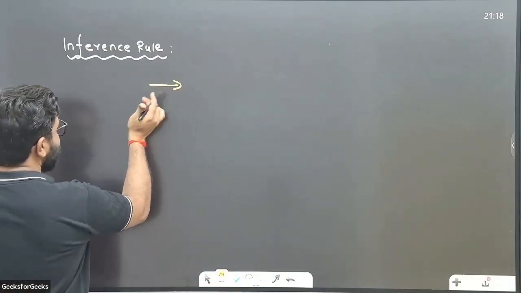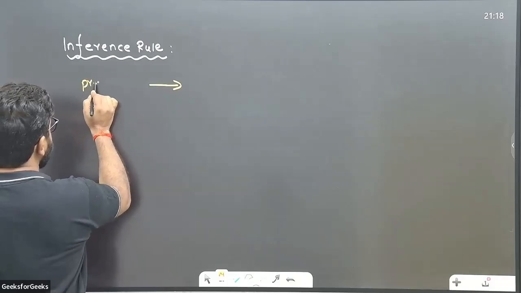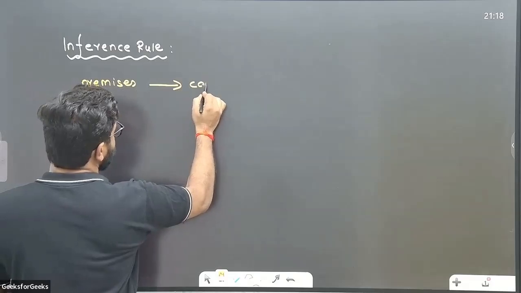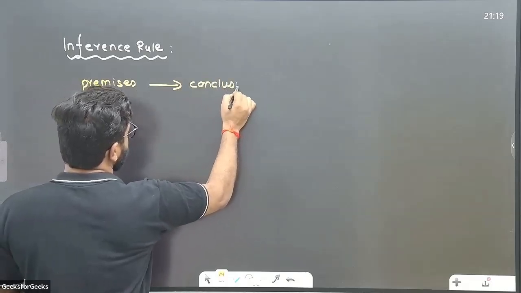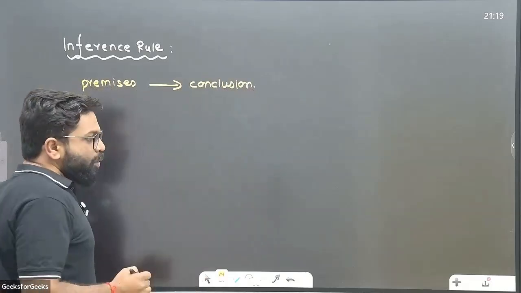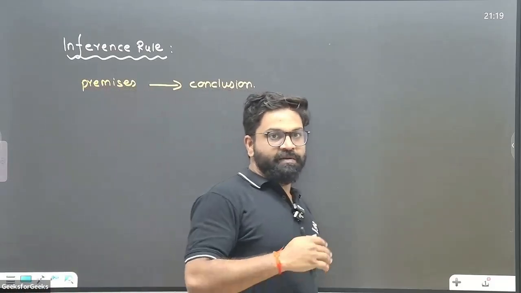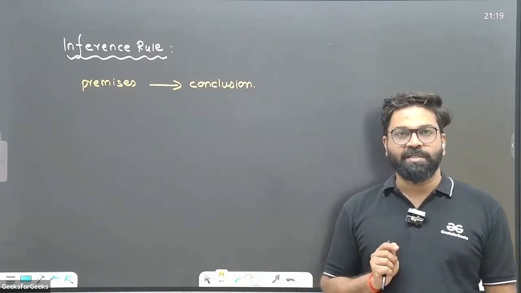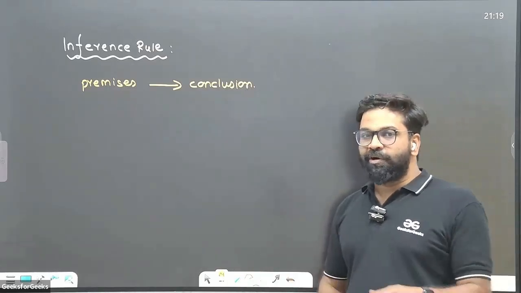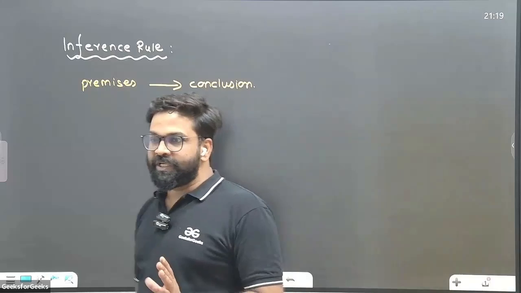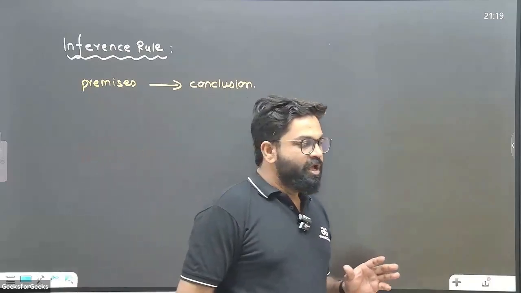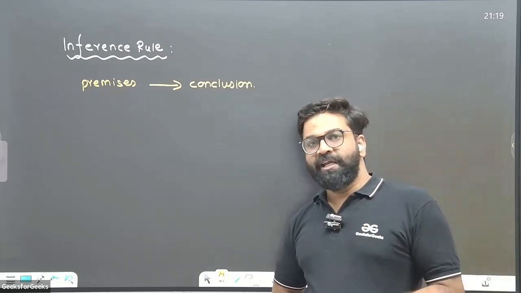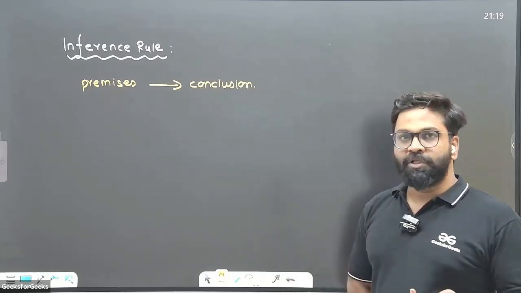Whatever is written on the left side is called a premises, and whatever is written on the right side is called a conclusion. So there are two things: one is called a premises, another is called a conclusion. These two things you have to understand.